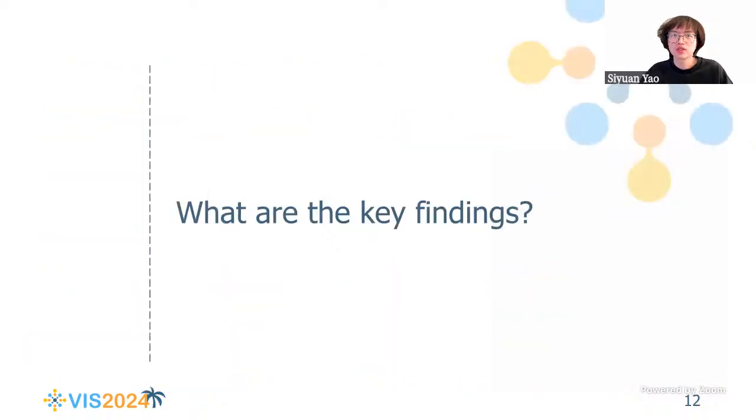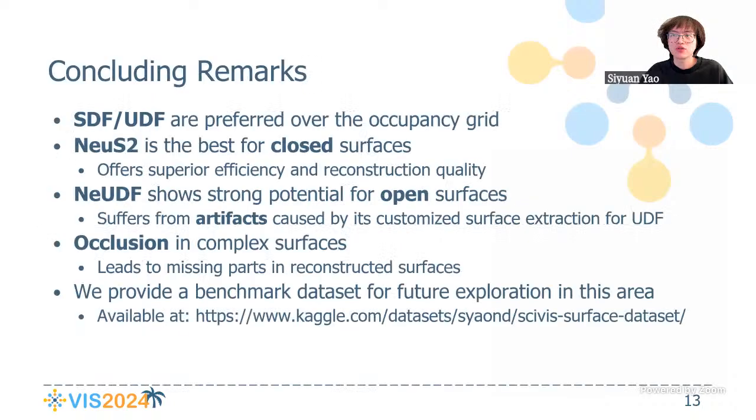So what are the key findings? The SDF and UDF methods are generally preferred over occupancy grids because they provide more accurate and smoother surface reconstruction. NeuS2 would be the best choice for closed surfaces because it uses a more advanced architecture and offers a very good balance between quality and efficiency. The surface can be reconstructed by NeuS2 in several minutes.